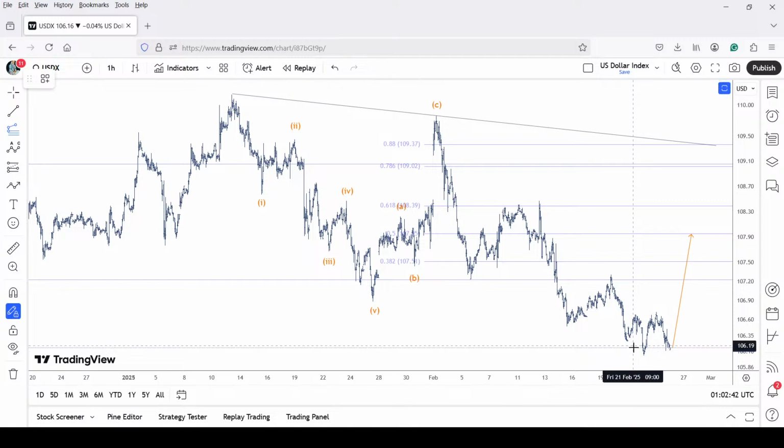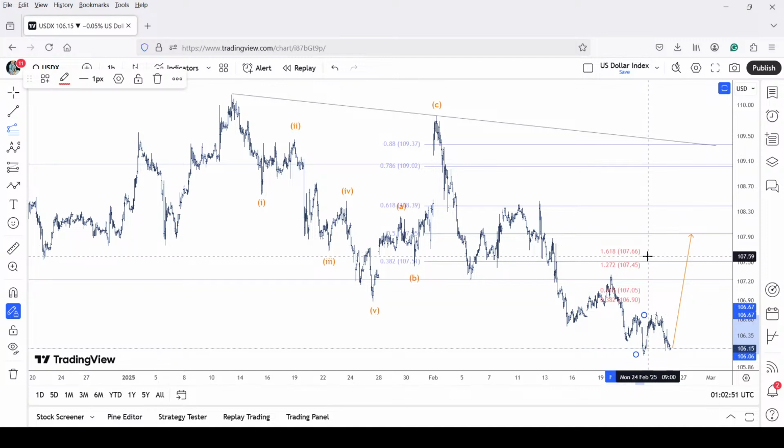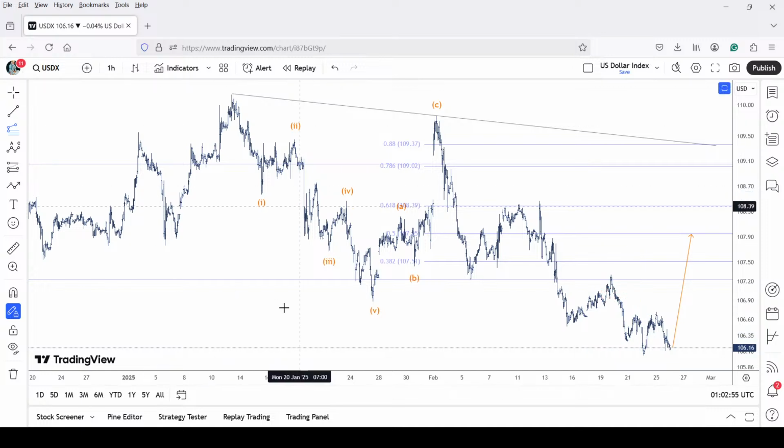Let me take an extension of that. It's barely there. It means 107.66. Okay, so that's not a huge difference. What you can do is take some profits right now on the short positions, or if you're holding only one position, you might want to not take profits and actually look to add further around 107.90.